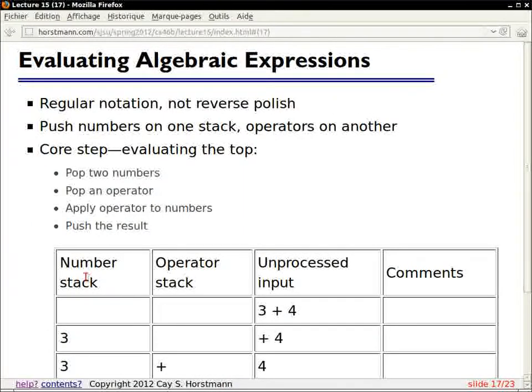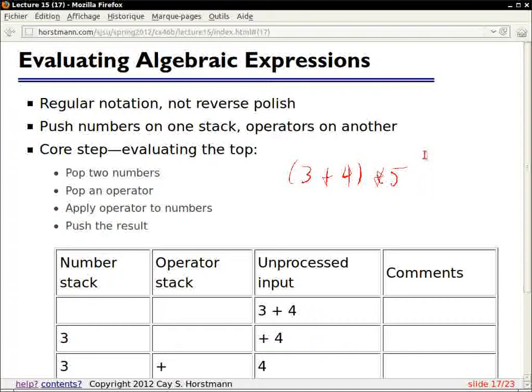Now I come to an application that is actually more useful, something that you might actually kind of wonder how one would do it, and that is how to evaluate regular old algebraic operations. So imagine that you had to write a program that does a pocket calculator-like thing where the input is a regular old algebraic operation, something like 3 plus 4 times 5.